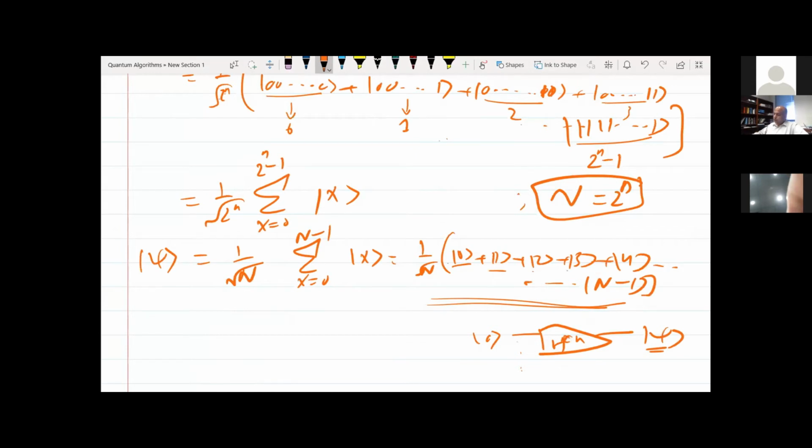All of them have amplitude 1 over square root N. This is actually the reason the Hadamard transform is used a lot in quantum computing, because it can prepare a state which is an equal superposition of all possible basis states using n qubits.